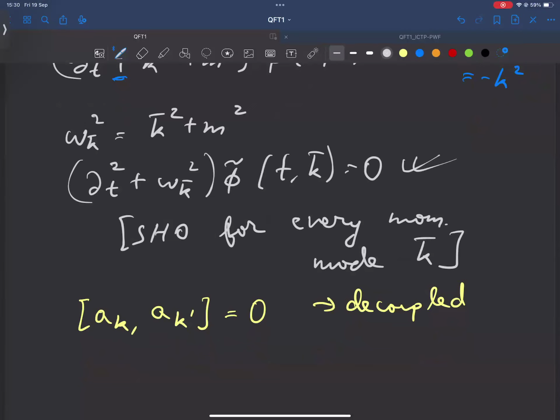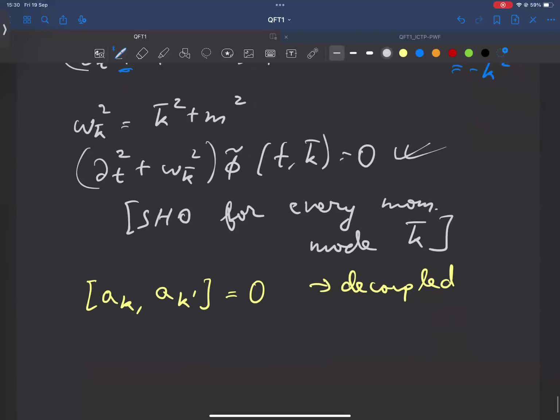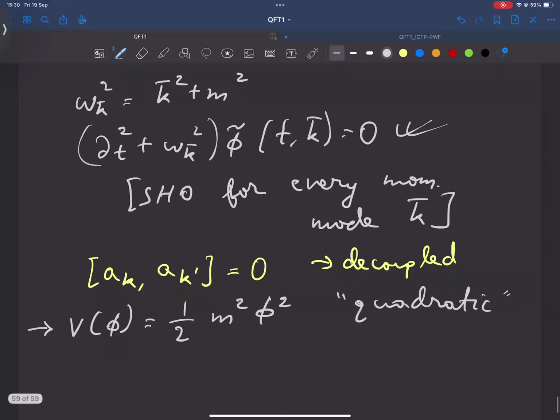Okay, let's move on. So this is the part where we explain that this is actually a simple harmonic oscillator in disguise. Now, one thing to note is that in this exercise we took a quadratic potential, and quadratic potentials indeed give you a simple harmonic oscillator, because that's the differential equation for that.